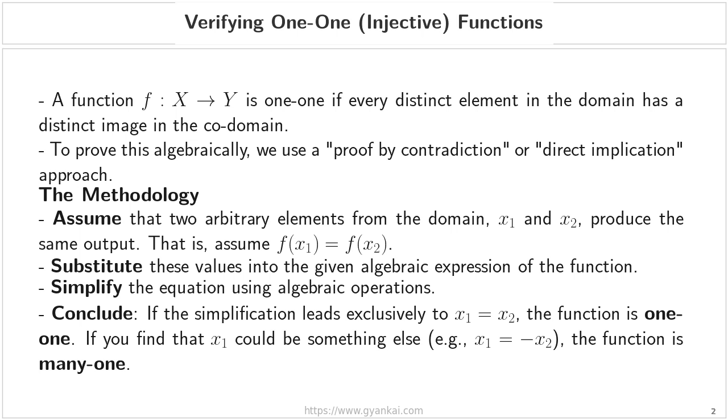If the algebra leads us exclusively to the result that x1 equals x2, then we have proven that the function is one-one. However, if you find that x1 could be something else, for example, if the result is x1 equals negative x2, then the function is classified as many-one. To see exactly how this logic is applied in a real problem, let's move to the next slide and work through a linear function example.